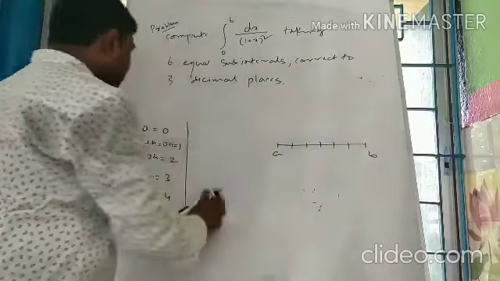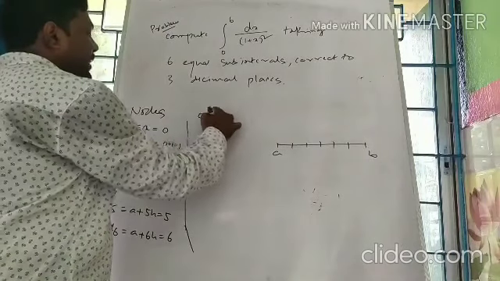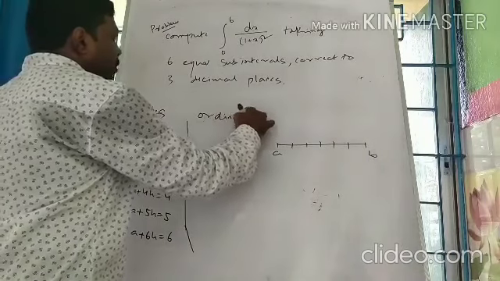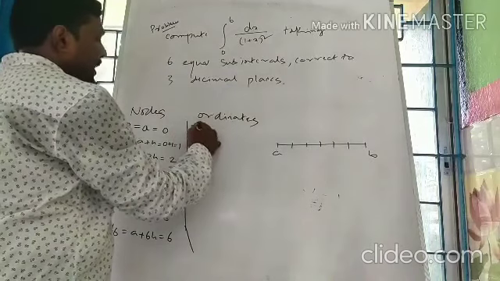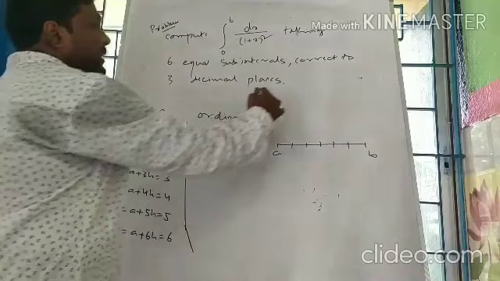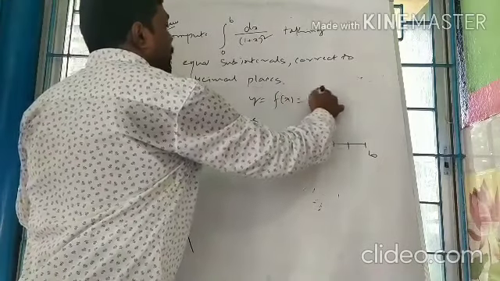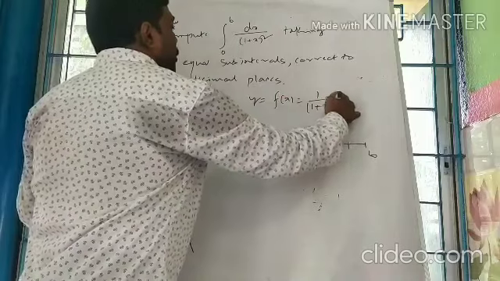So the corresponding ordinates are y0 equals f of x0. What is f(x)? y equals f(x) is given as 1 by 1 plus x whole square.